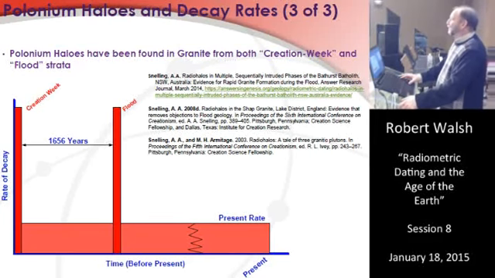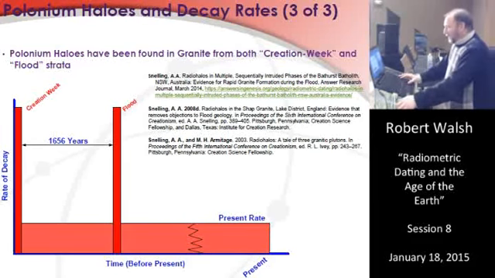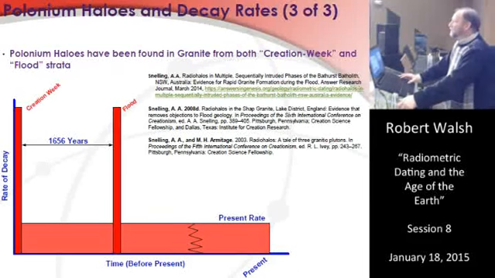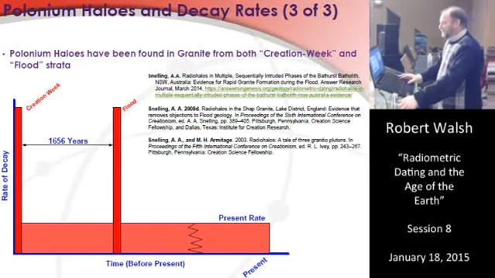And this is a remarkable paper. Go home tonight and read it. It's really rather remarkable. And that's just published, right off the press, March 2014. It's less than a year old. Evidence of rapid decay in flood rocks. That's really fun.